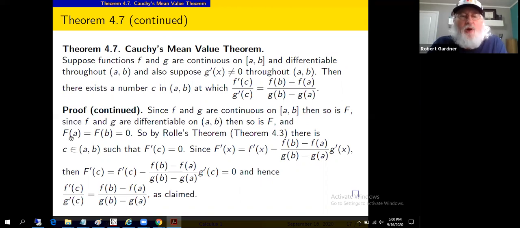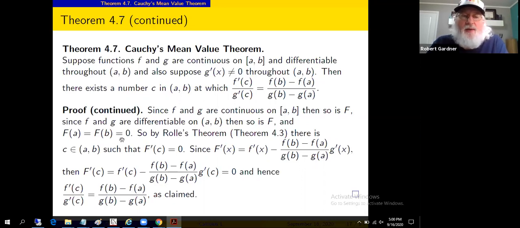Rolle's theorem required that at A and B, we get a value of 0, or at least the same value of the function at A and B. That means, by Rolle's theorem, that there's some number C such that capital F prime of C equals 0. If you want to use the mean value theorem, it'll still imply there's some point C such that capital F prime of C equals 0.